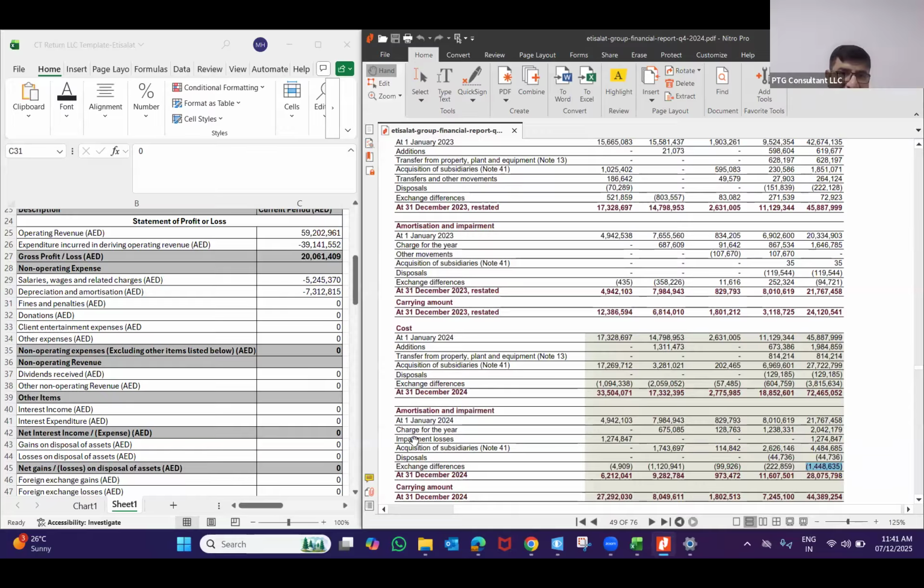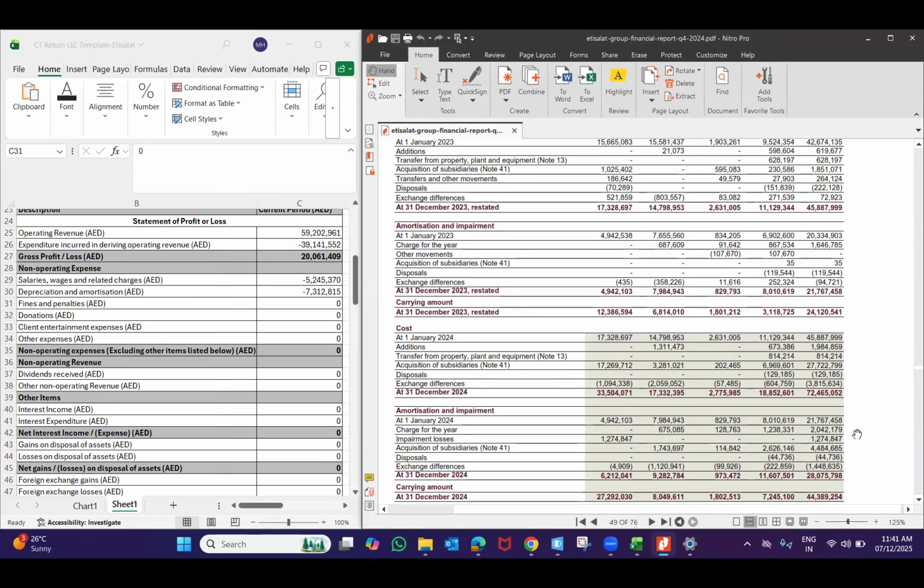So what about these impairment losses? Do we need to calculate this one as well? The impairment is also relevant for us, but at this stage I don't want to touch this because, as I initially mentioned, we go one by one. At what stage, under which scenario impairment will be relevant, then we will consider that also.